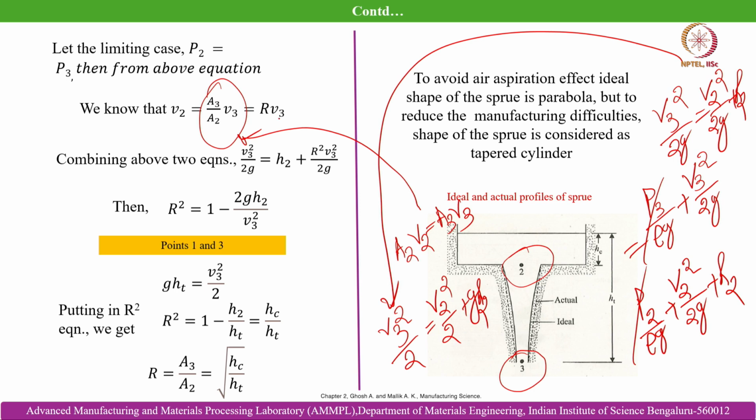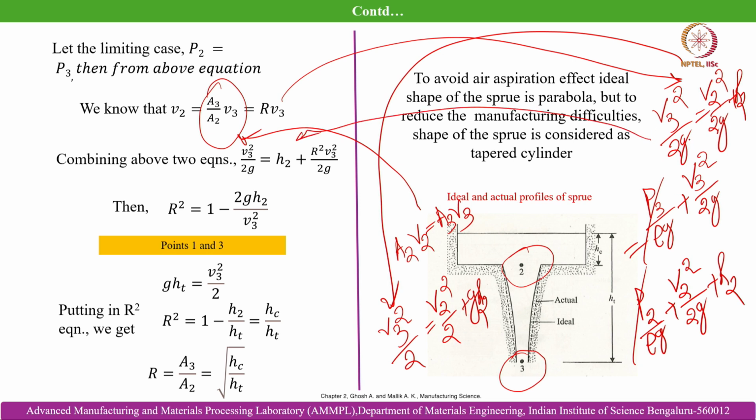So, combining the above two equations, we now have the value of V2 as R V3. If we place this in the expression V3 square by 2g is equal to V2 square by 2g plus H2, we end up getting this expression.